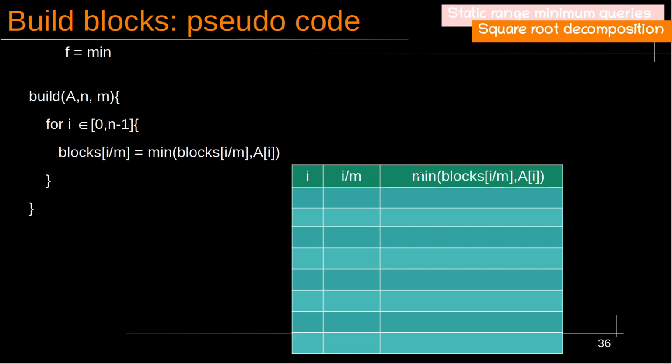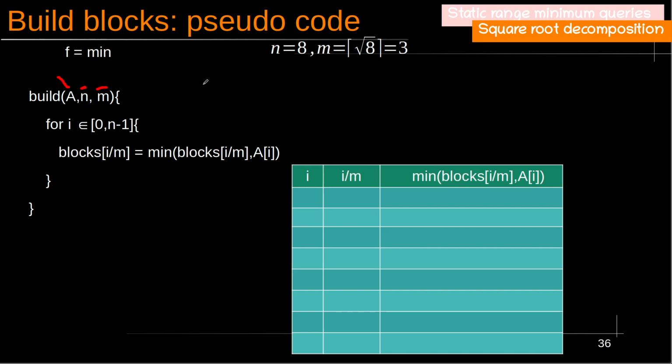Here is the pseudocode of this function, if f is minimum, to build this array. This function takes as parameters the original array, the size n of the original array, and the computed size m, which is the size of the array blocks.